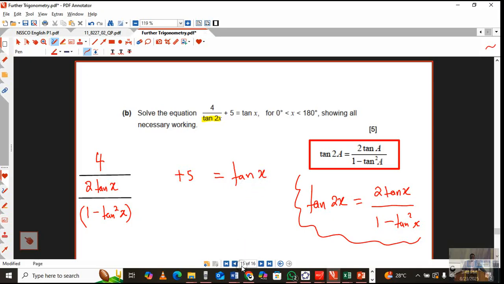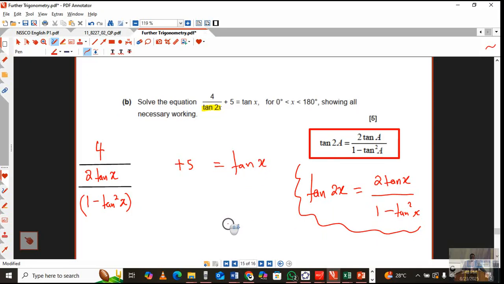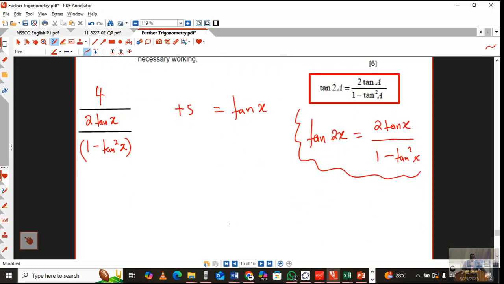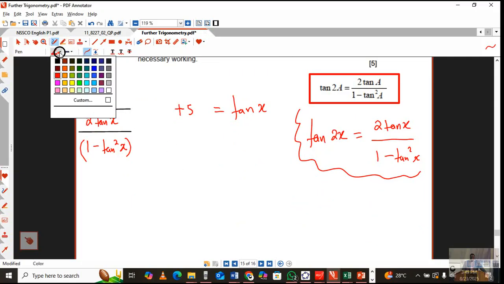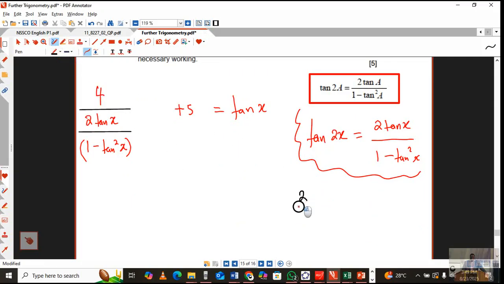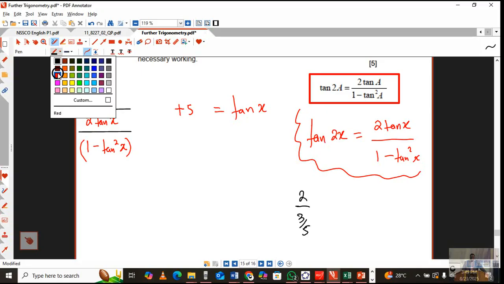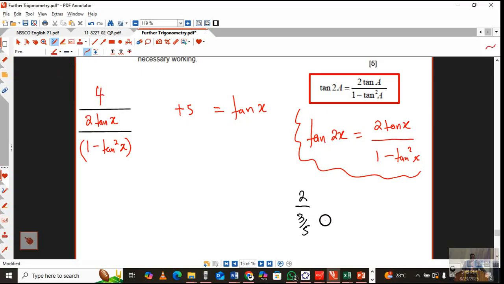Now, the way you will get rid of this complex fraction: if you have a fraction 2 over, let's say, 3 over 5, what you do is multiply by 5 on top and bottom. This is just good for the optics.